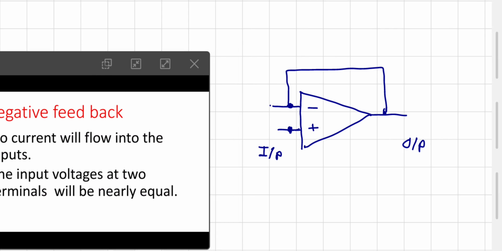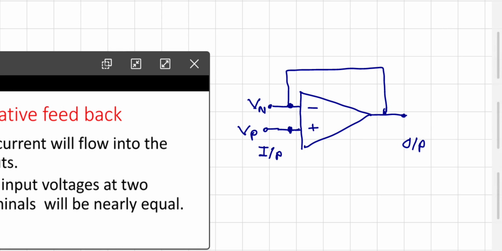When we apply Vn here and Vp here, these terminal points are called the input terminals. So whenever we apply negative feedback, no current will flow into the inputs.